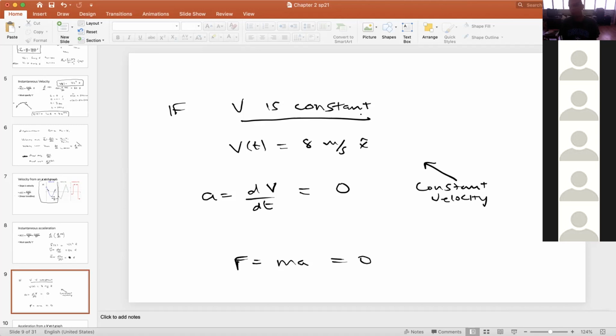If you're told, oh, a train's moving at a constant velocity of 12 meters per second, and it's being pushed at this angle and pushed at this angle, well, if it's moving at constant velocity, all the forces are equal. We'll get to that next week when we do chapter 4, but it's important. Acceleration is the rate of change of the velocity. A constant velocity means a zero net force. And we'll talk about that.